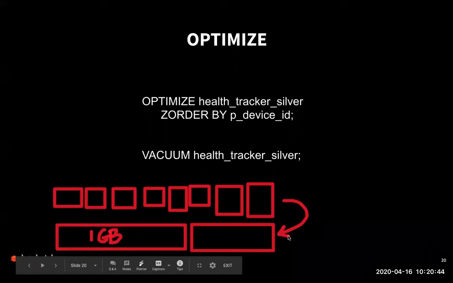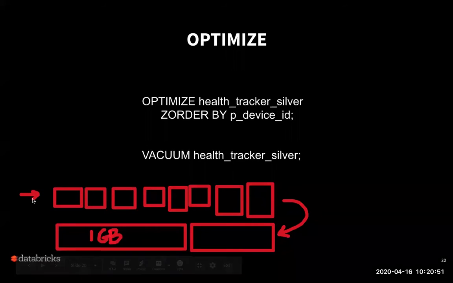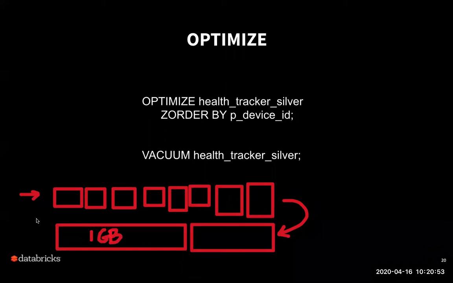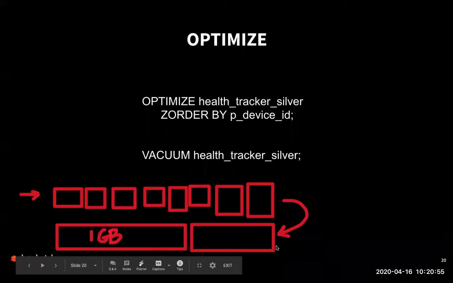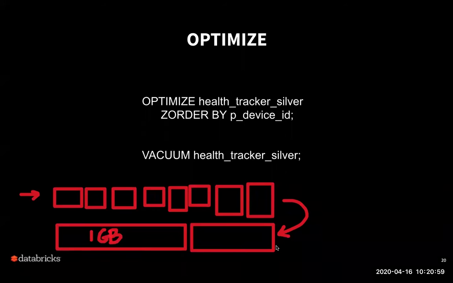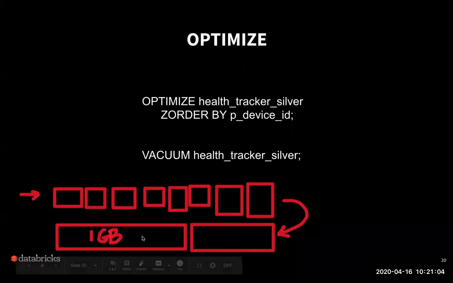So while I'm busy compactifying these files, people can still be running queries on the older versions of this data, the older files. But eventually I get to the point where I've got more efficient large files, and this greatly reduces my query time.